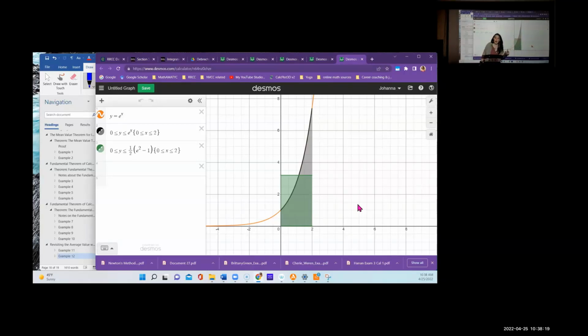Then we found the height, which corresponded to 1/2 the quantity e squared minus 1. And we drew a rectangle with that height going between 0 and 2. The area that is shaded green in this rectangle with the average height of 1/2 quantity e squared minus 1 has the same area as is under this gray shaded region.